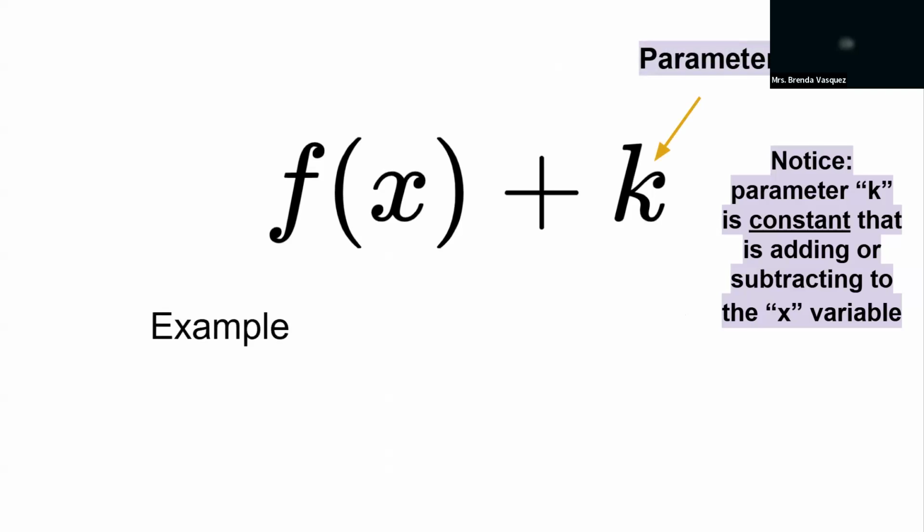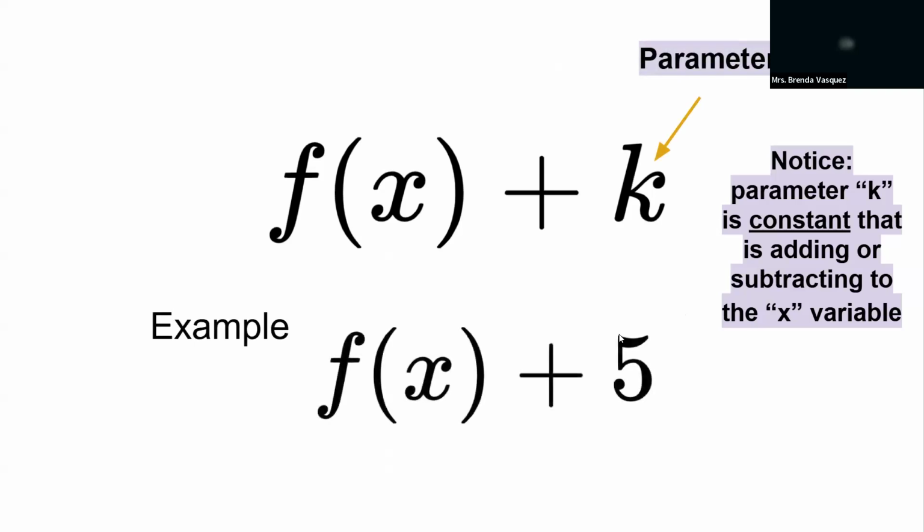The way that it's noted inside the function, we have our f of x, whatever our parent function is, and we're adding or subtracting a constant. If we're adding or subtracting a constant, that is your parameter K. And we're going to note what happens whenever we apply the parameter K.